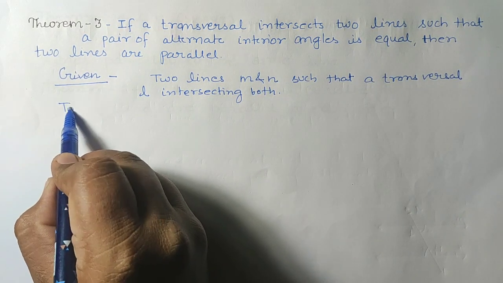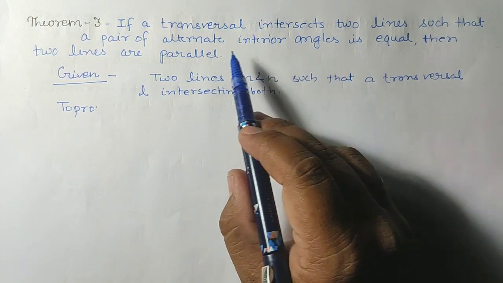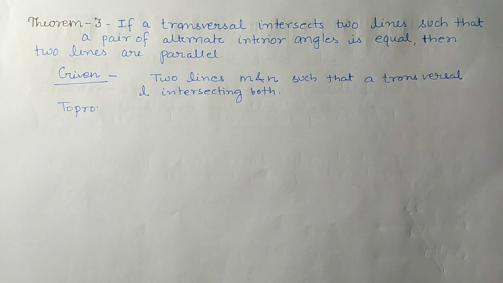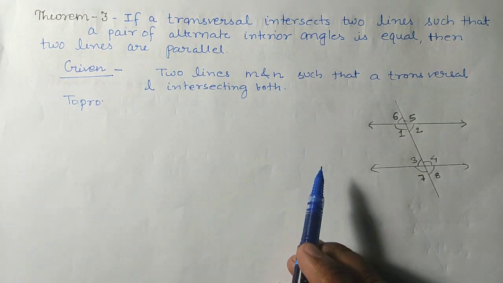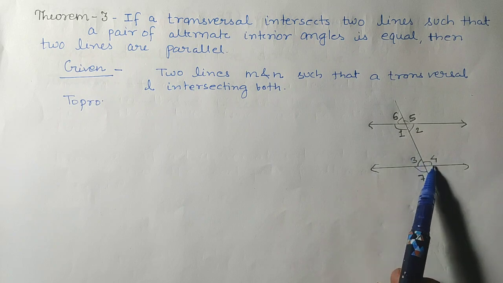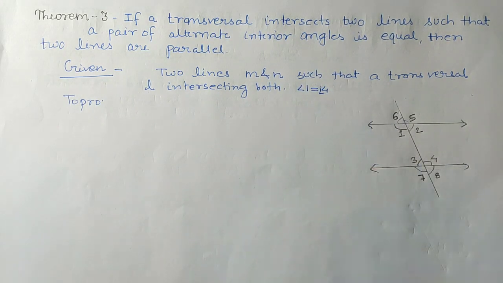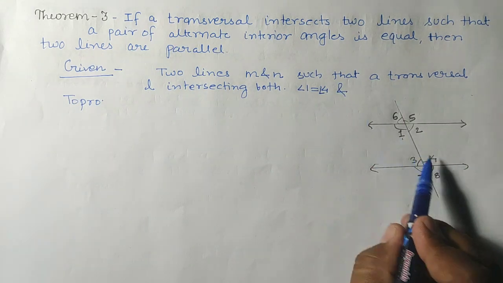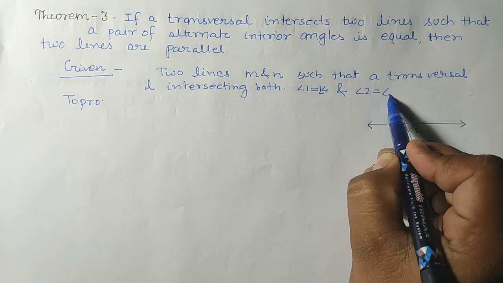Now what is to prove here, and what else is given? It is also given that their alternate interior angles are equal. So firstly let us see the diagram. According to the statement of the theorem, it is given that angle 1 is equal to angle 4, because these are a pair of alternate interior angles, and angle 2 is equal to angle 3.